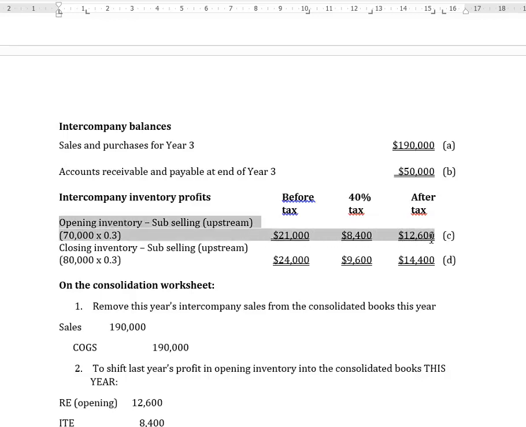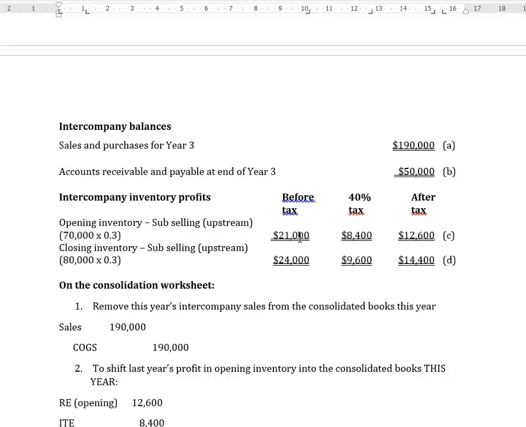Because whenever we have opening inventory profits that can't be recognized, we need to consider when we would recognize these profits. Well, because this happened as a result of a year 2 sale, we would recognize those profits in year 3, because by the time we got to the end of year 3, and don't forget year 3 is the year we are in, the parent would need to have sold to an outside third party the rest of that $70,000 worth of stuff that includes that profit of $21,000.